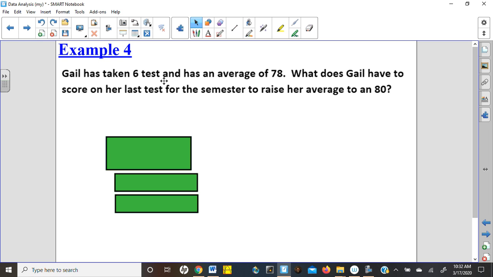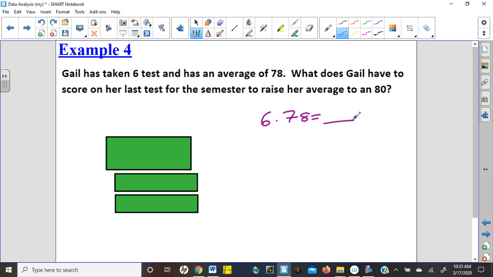Gail has taken 6 tests and has an average of 78. What does Gail have to score if she wants to get her average score up to an 80? Well, there's different ways you could tackle this. One way, certainly, you could say, all right, so far she's got a total of 6 times 78 total points.